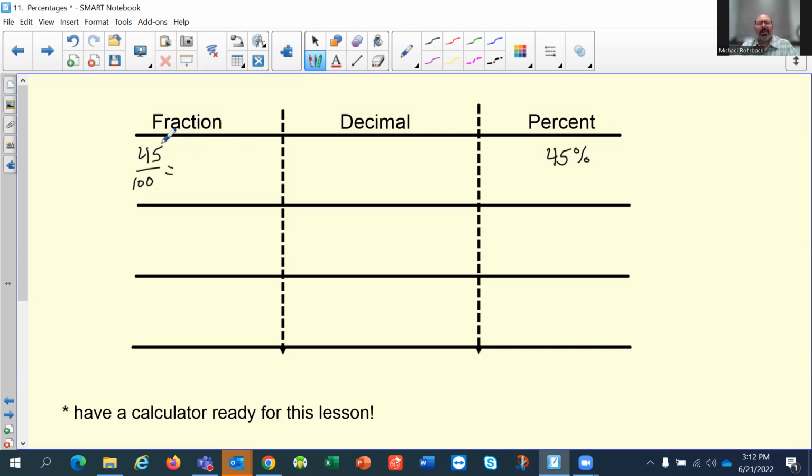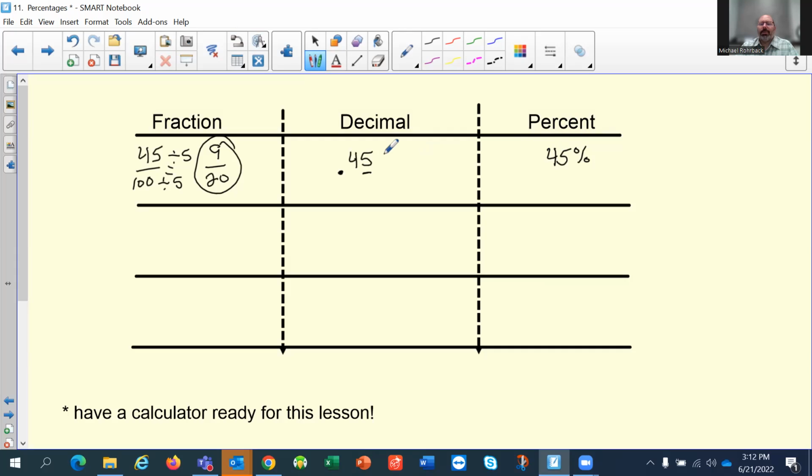So what's a number that goes into 45 that also goes into 100? Well, you might see the 5 and the 0 and know that 5 divides into both. So 45 will divide by 5 and become a 9. 100 will divide by 5 and become a 20. And we're done.